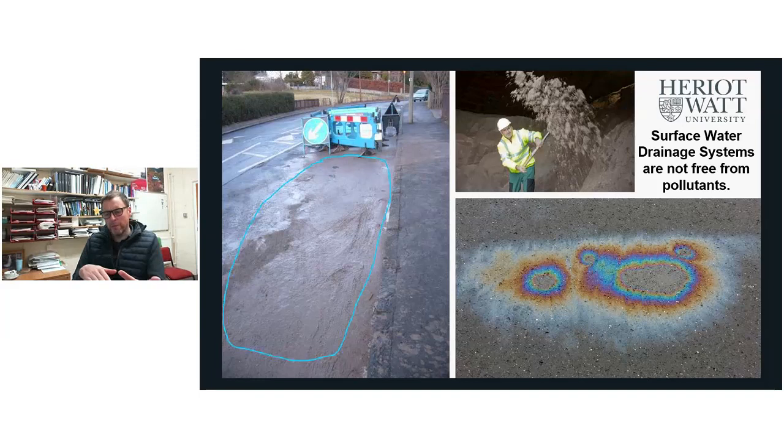The biggest issues are braking and where vehicles are braking or changing direction. Because braking and changing direction, you get more tyre wear, and the braking gives you the wear of the brake pads. So it tends to be busy junctions are where the highest pollutant loads are from urban areas, particularly roundabouts and traffic light junctions.